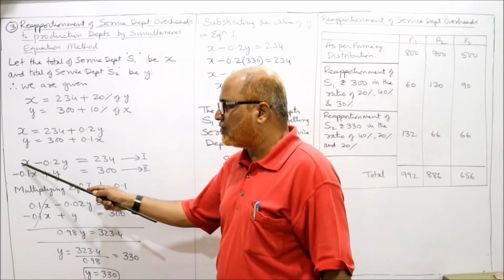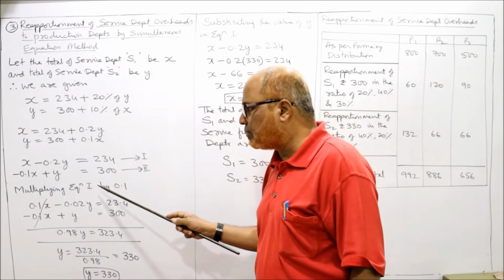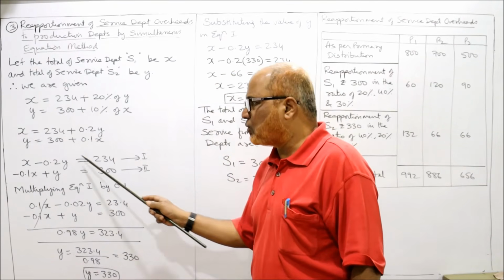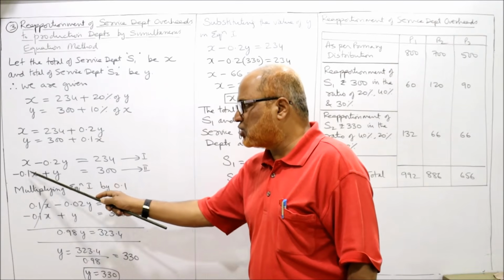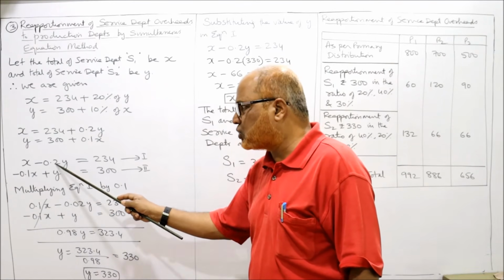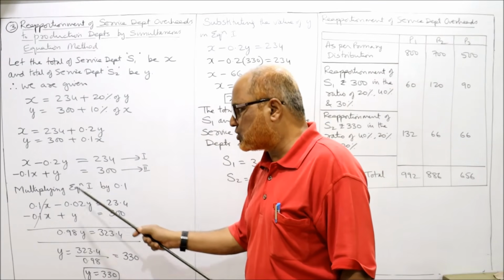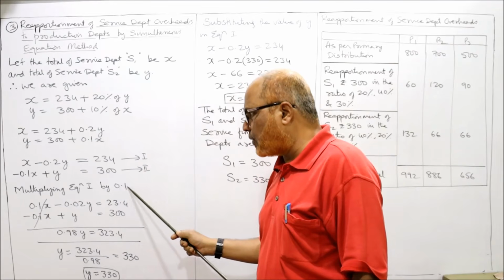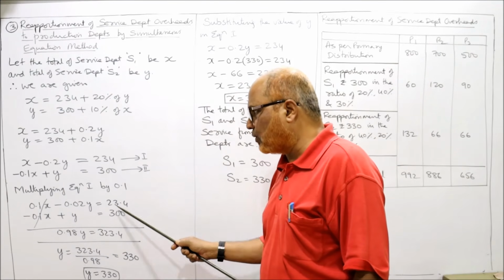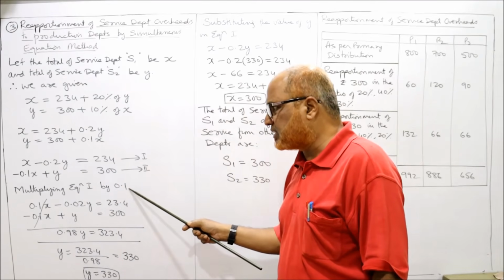So I multiply the first equation by 0.1. The first equation is multiplied by 0.1. So 0.1x minus 0.1 into 0.2, you will get 0.02, is equal to 0.1 into 234. You will get 23.4. यानी पूरे इक्वेशन को मल्टीप्लाई 0.1 से कर दिया.